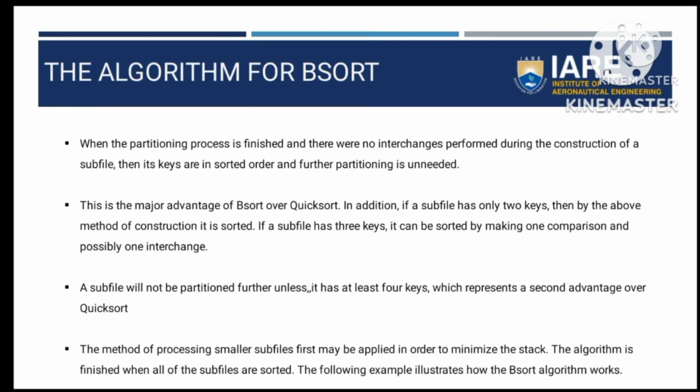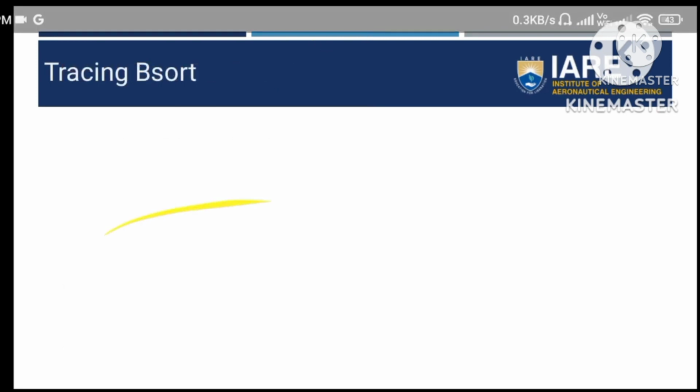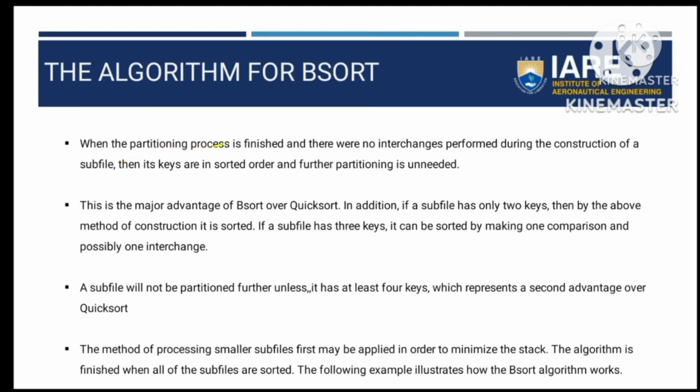When the partition process is finished and no interchanges were performed during the construction of a subfile, then its keys are in sorted order and further partitioning is unneeded. This is the major advantage of B sort over quick sort.